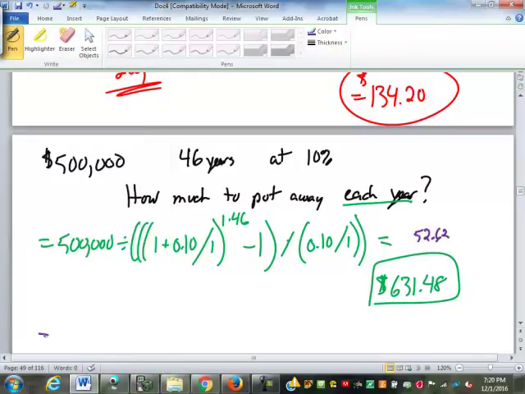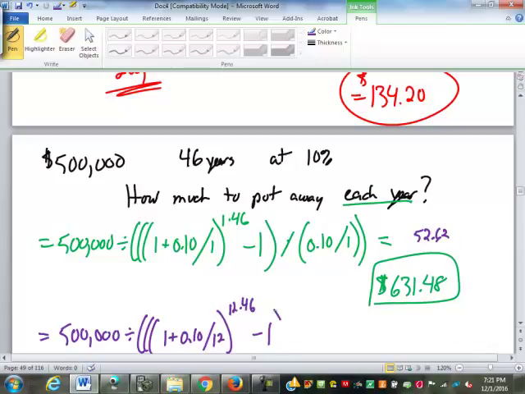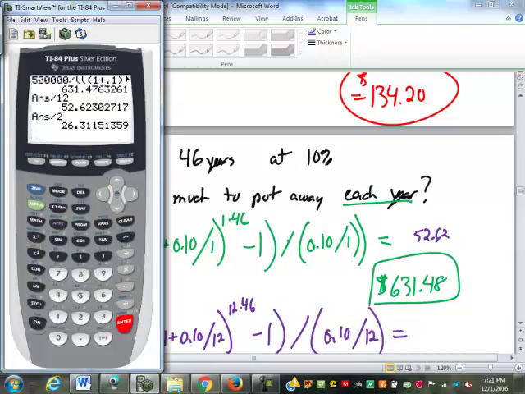What if we actually figured this out per month? Will it come out to the same amount? So 1 plus 0.10 divided by 12. Now to the power of 12 times 46 minus 1. So let's do it. 500,000 divided by 1, 2, 3. 1 plus 0.1 divided by 12.